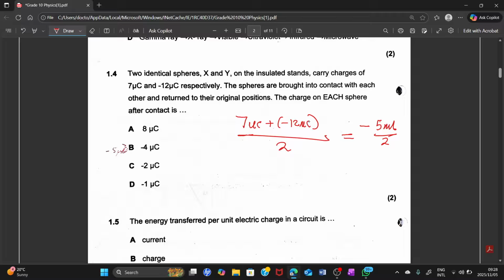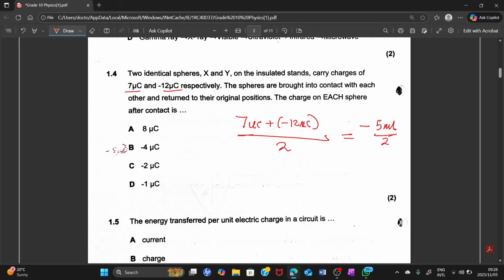And then, okay, let's read. What did they say? Two identical spheres. Oh, two identical spheres carry charges of 7 microcoulomb and 12 nanocoulomb respectively.